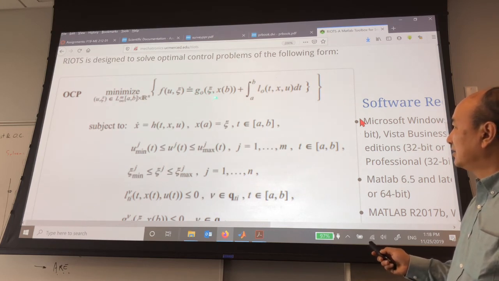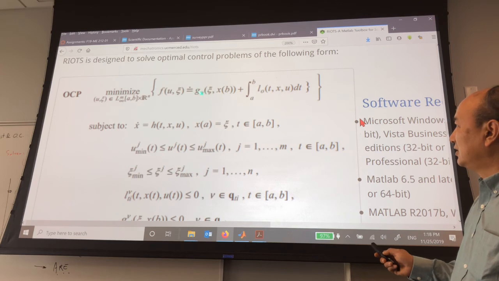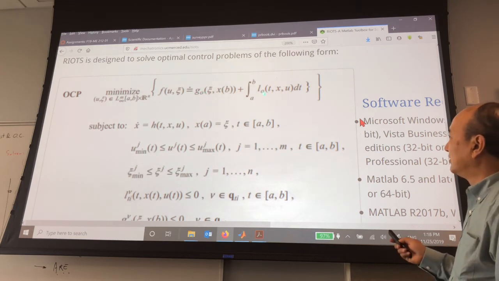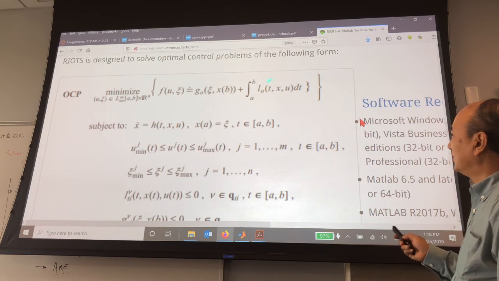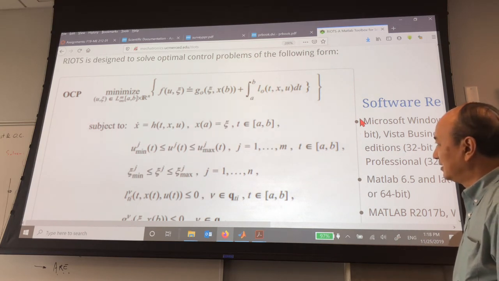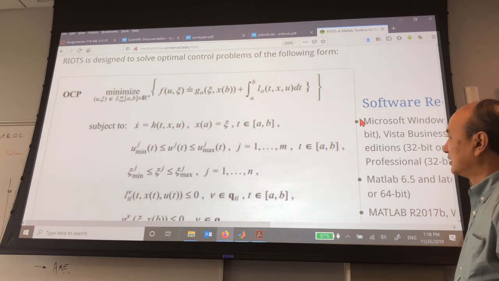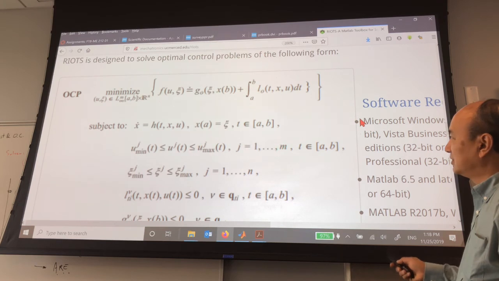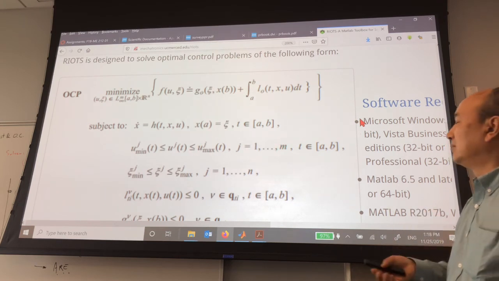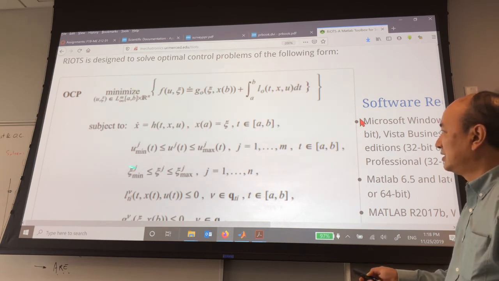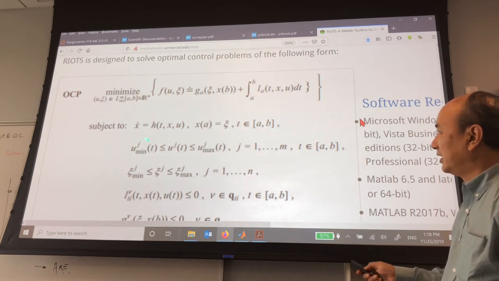And this functional can be defined by initial condition and terminal condition. So g0 is my function to define that, and l0 is my cost. My control has a bound. And remember, j is m, meaning I have multiple inputs, so the system can be multiple input, multiple output. And the initial state is within this bound, which is supplied by you.